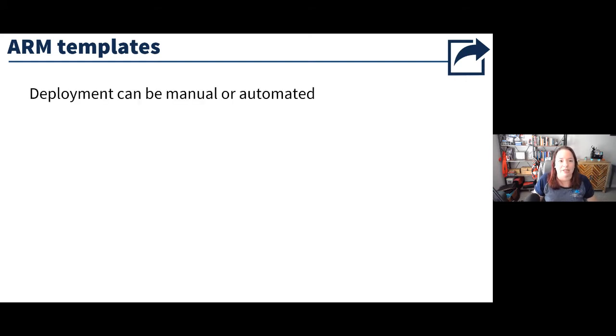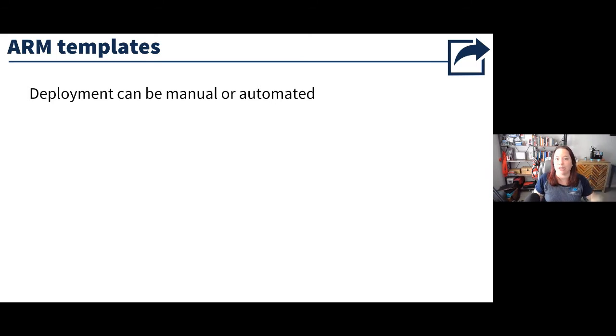So if you're just getting started, deploying via ARM template is a somewhat simple way to go because it can be manual or automated. You can read all the JSON in there. If you're used to dealing with databases, the actual database project isn't inside an ARM template. You're just creating the resource.